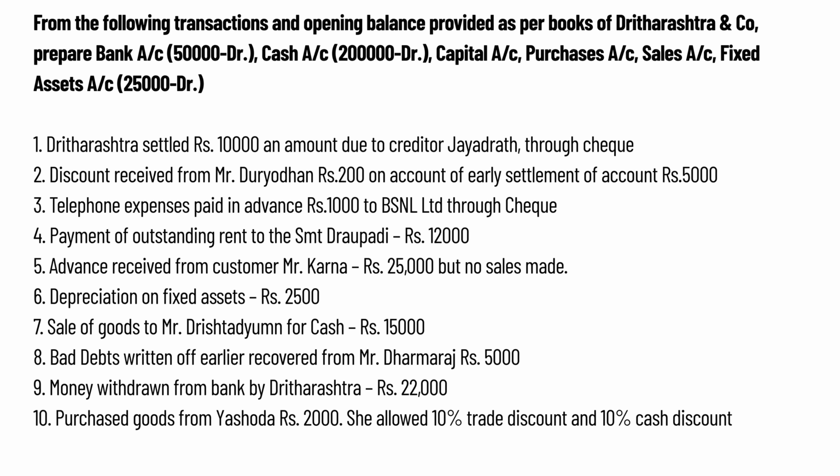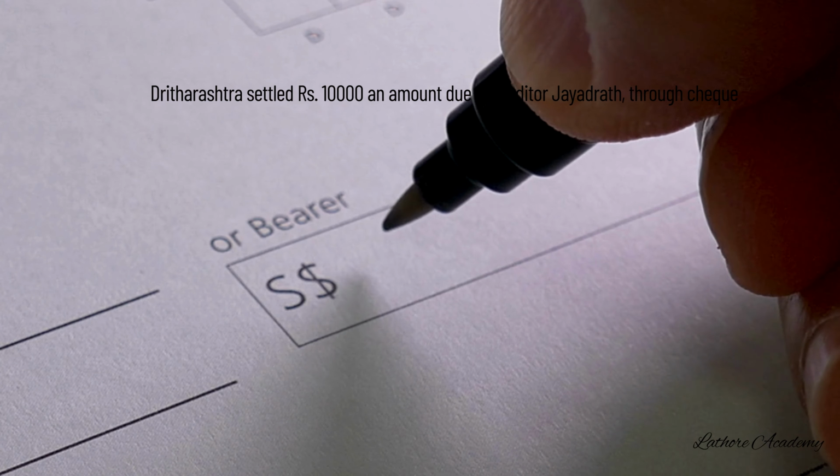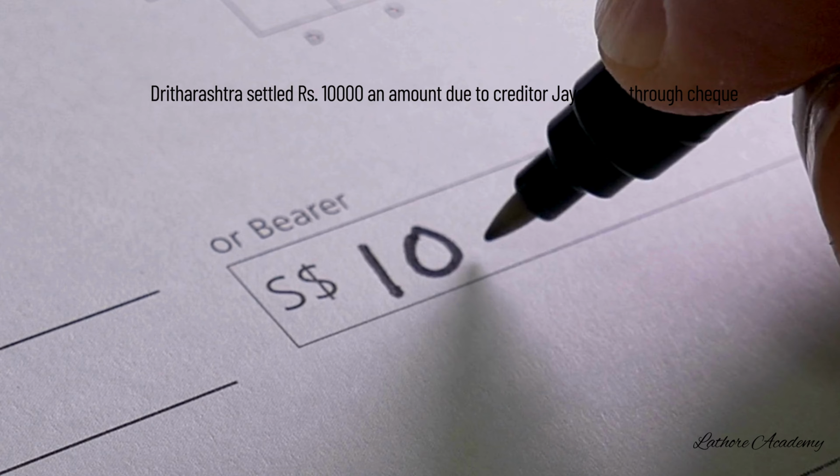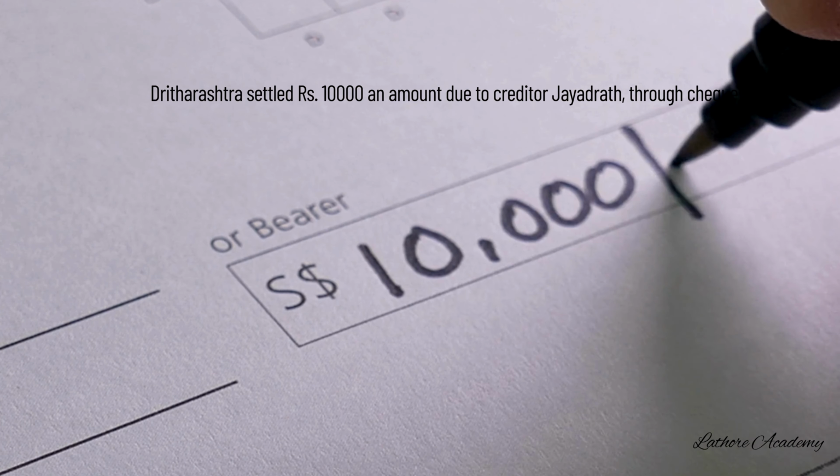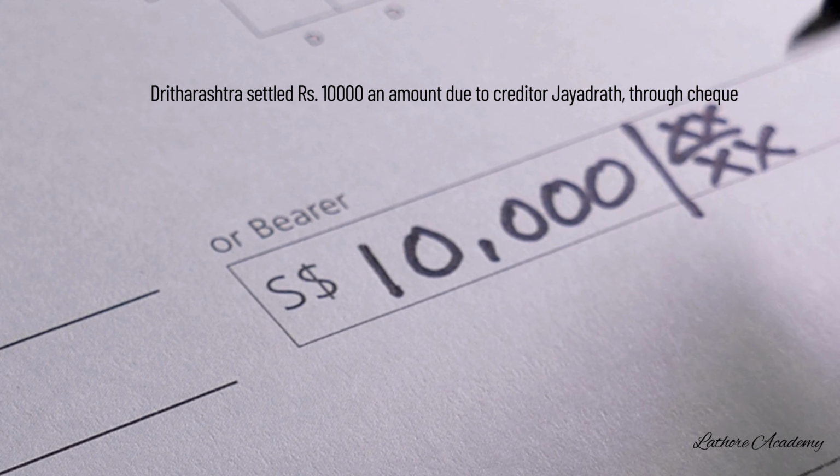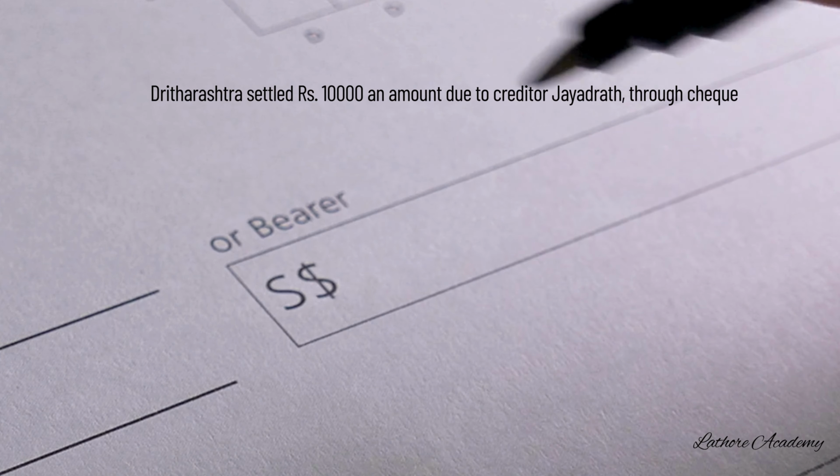In your mind, you have to frame the journal entry while posting. So let's first understand the journal entries and then post. In this problem, we are preparing only those ledgers which the question is asking us specifically to prepare. The rest of the other accounts we are not preparing.